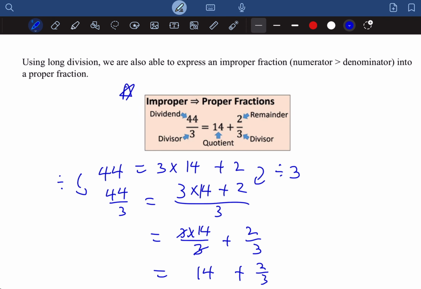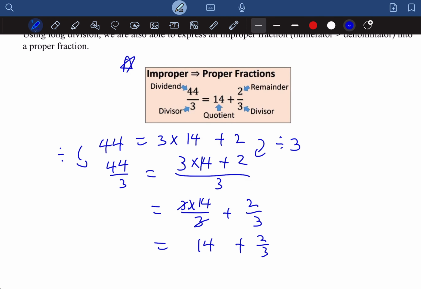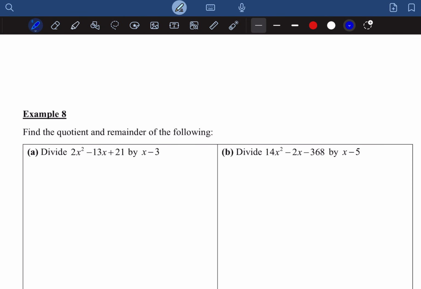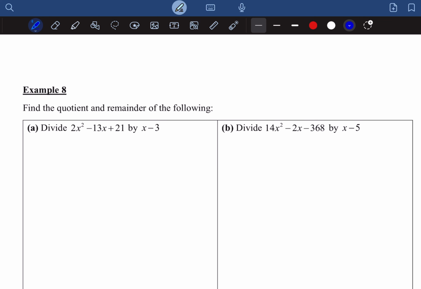Okay, so let's take a look at how long division can be done for algebraic fractions. Over here I have 2x squared minus 13x plus 21 divided by x minus 3, whereby this is the dividend and this is the divisor.